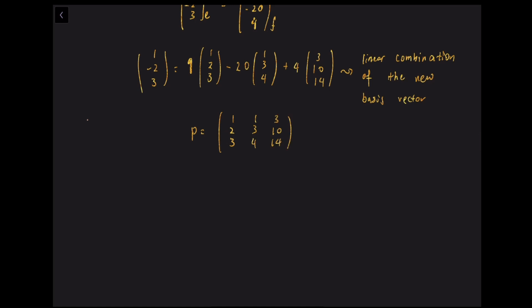Noting that (1, -2, 3) can be written as a linear combination of the columns of P, once again we can generalize and deduce that the equation connecting a vector in the old basis to a vector in the new basis is given by x old equals P times x new, where the columns of P correspond to the basis vectors forming the new basis.